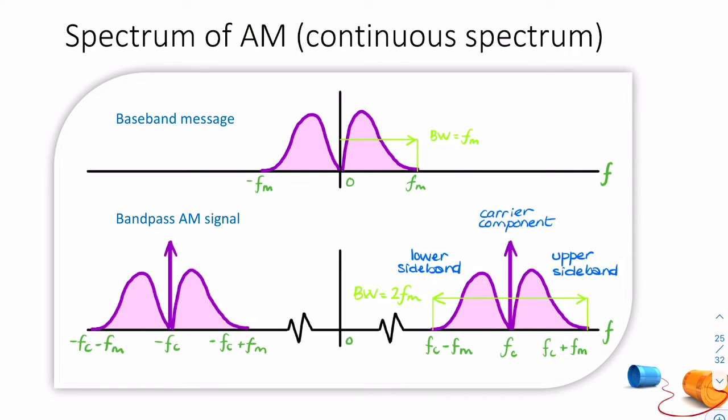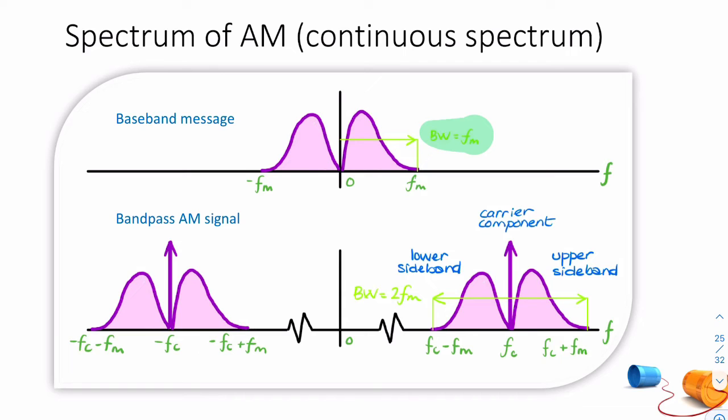That's your bandwidth. So your bandwidth is that range from 0 up to the highest frequency component. It doesn't matter whether the spectrum starts from 0 or not. What matters is because it's baseband, we always start from 0. We always measure from 0. So the bandwidth is equal to fm. So in the case of my voice, it would be 4,000 hertz.